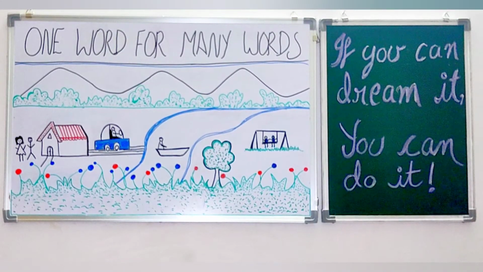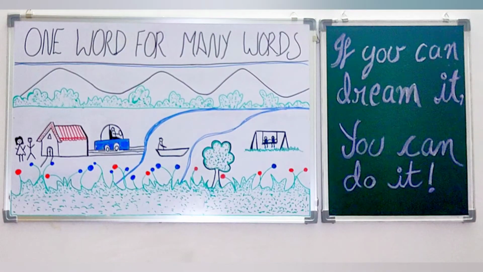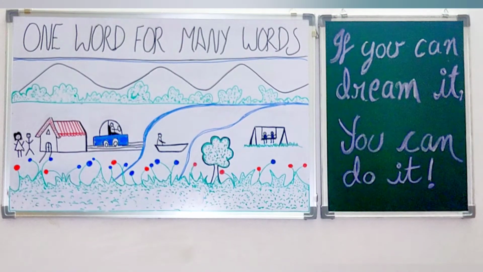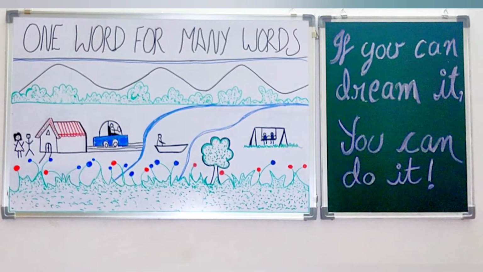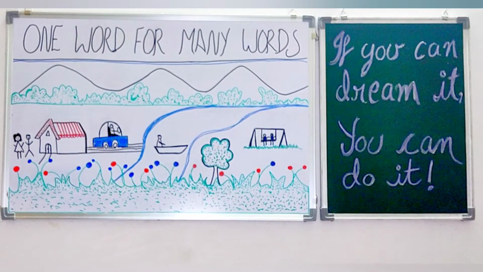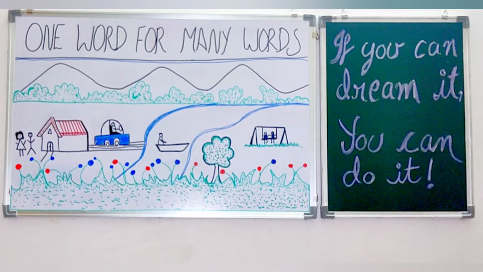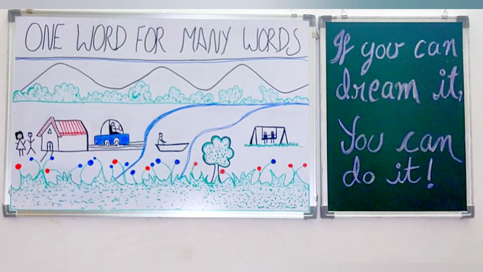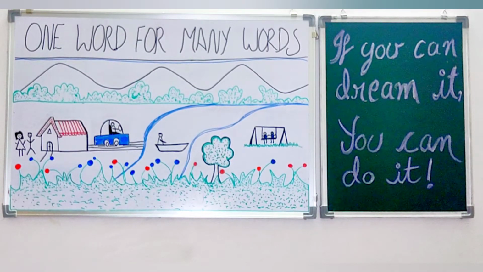So children, can anybody tell me what do we call a place where we live? Okay, I'll give you a hint. Your answer is hidden in the scenery. So what do we call a place where we live? Well, the answer is house, right?